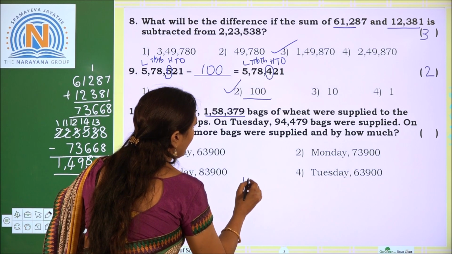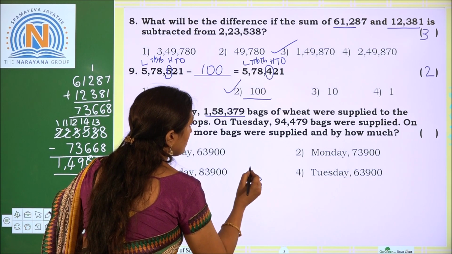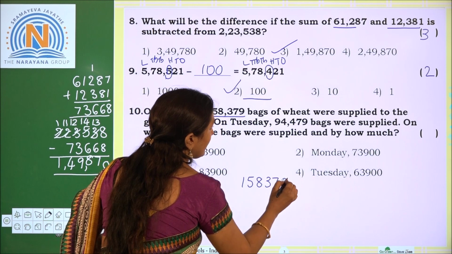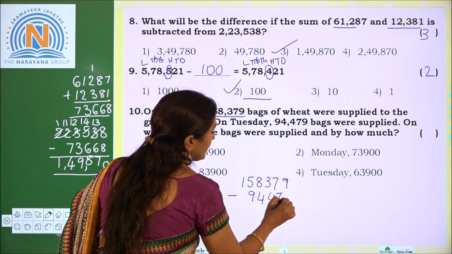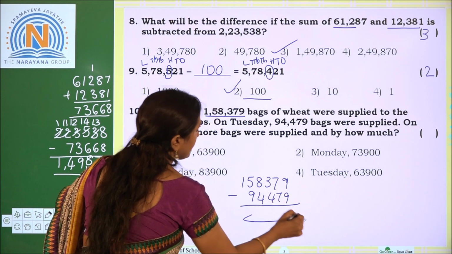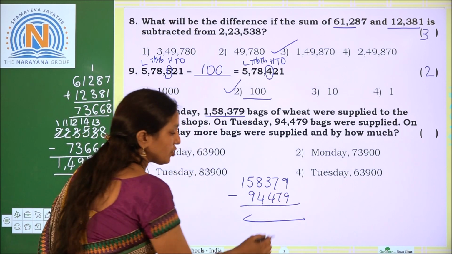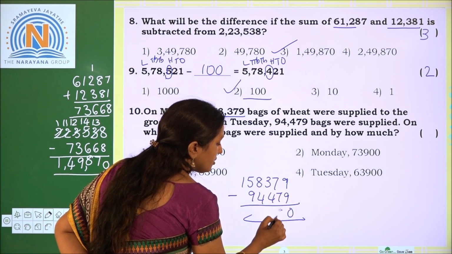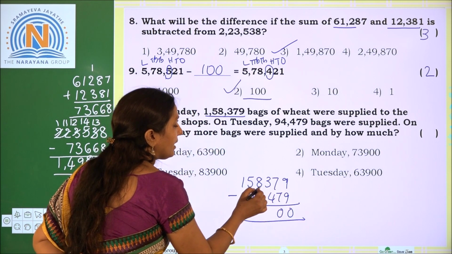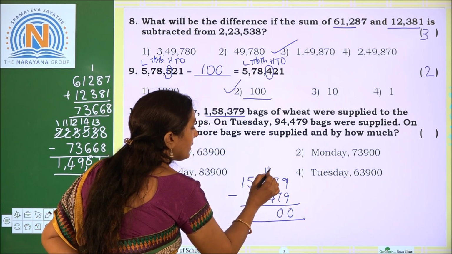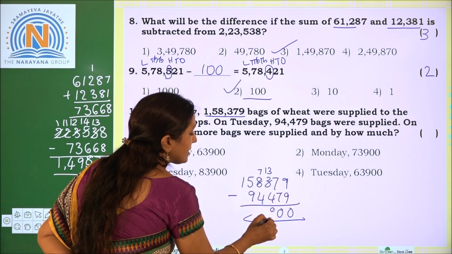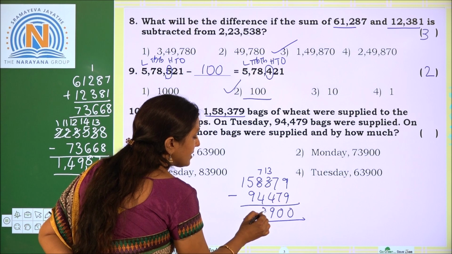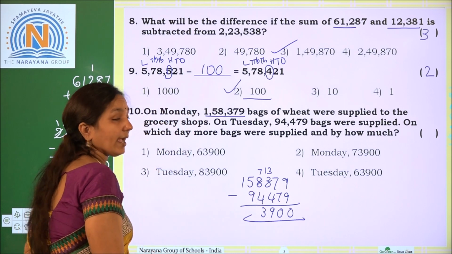That is 1,58,379 minus 94,479. Now subtract. 9 minus 9 is 0. 7 minus 7, 0. 3 minus 4 we cannot. We have to regroup it. 3 will become 13. 8 will become 7. 13 minus 4 is 9. 7 minus 4 is 3. 5 minus 9 we cannot.